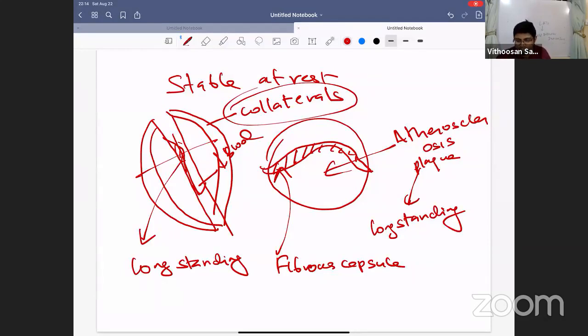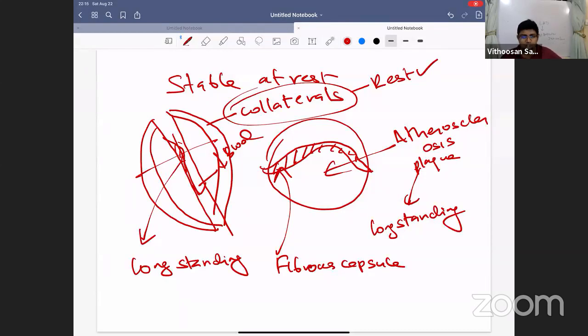Whatever blood supply is given by these collaterals is adequate to meet the demands when they are at rest. When they are at rest, whatever blood you get from these collaterals is enough.